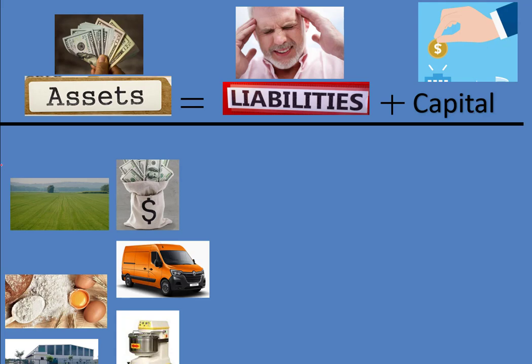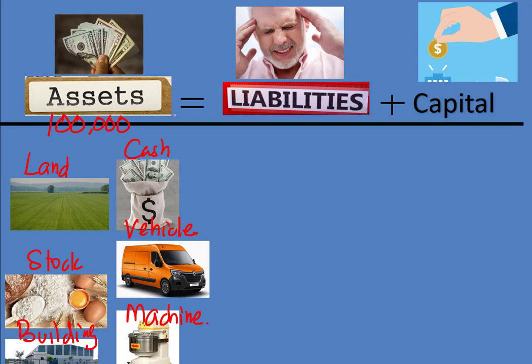Examples of assets can be land, cash, vehicles, stock or inventories, building, and also machine or equipment. The total value of these six assets is 100,000, for example.